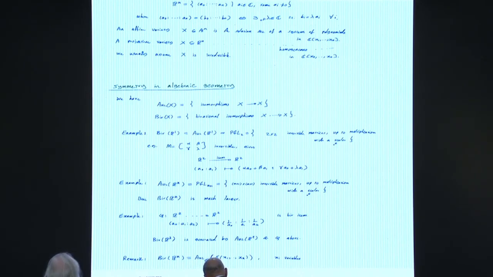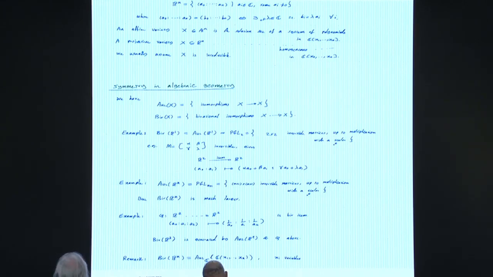And now let's look at some symmetry groups in algebraic geometry. If I take an algebraic variety X, then I can define two symmetry groups. One of them is the automorphism group. These are isomorphisms from X to X. If you're familiar with complex analysis, this is the analog of biholomorphic maps from some open set to itself.